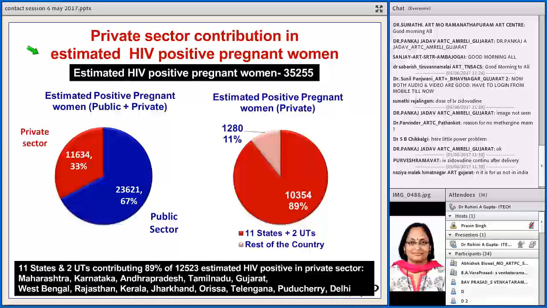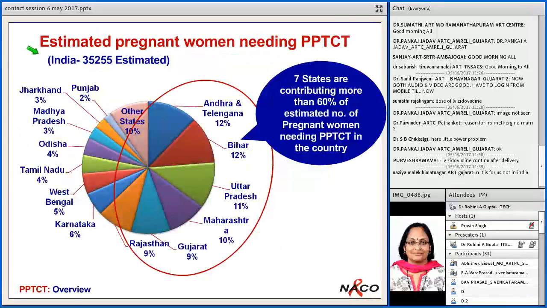This is what is important to see, that these 11 states and 2 union territories contribute 89% of the HIV infected in the private sector. And that is why we need the private maternity homes testing HIV and reporting to NACO.